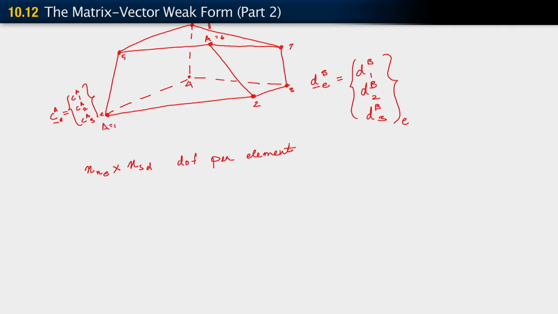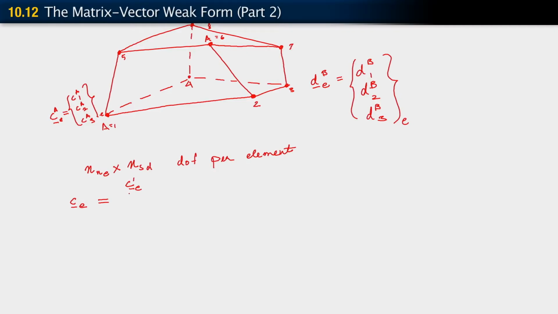Okay, so if this is the case, we can write a C_E vector, which we can define as basically C_1E. Now note, C_1E is a vector, it's a 3-vector.